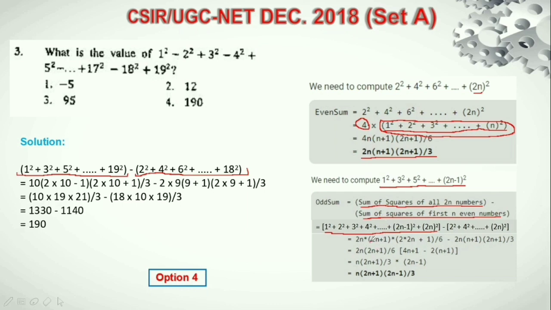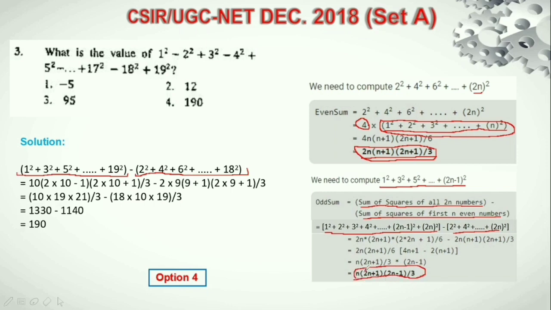So 2n into 2n plus 1 into 4n plus 1 divided by 6 minus, for this even series we can use the previous result, that is 2n into n plus 1 into 2n plus 1 divided by 3. So on solving these, we will eventually get n into 2n plus 1 into 2n minus 1 divided by 3.